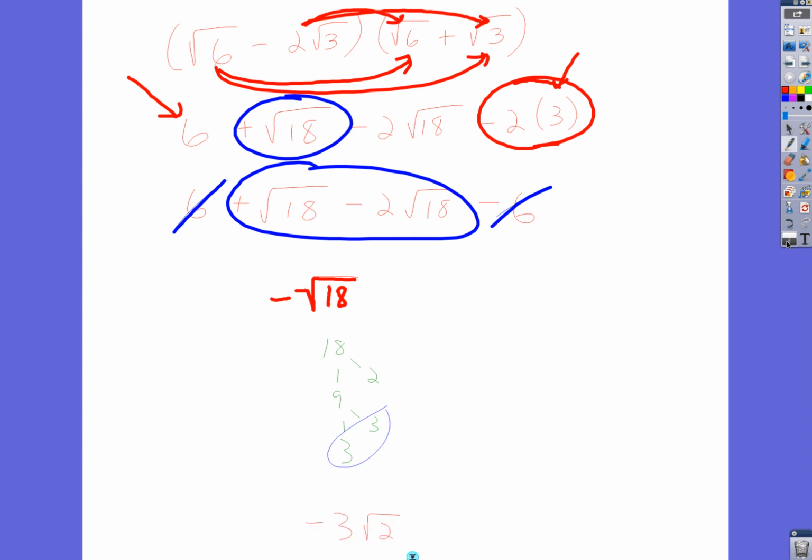We still have a 2. Don't forget that the negative was already outside. That's going to stay outside. Right now that negative is joined by a 3. So we have negative 3 square root of 2.